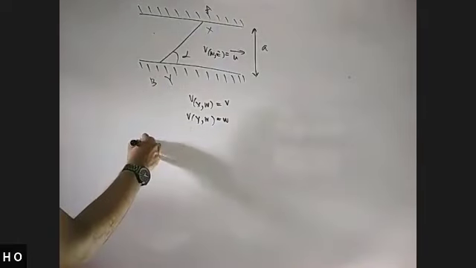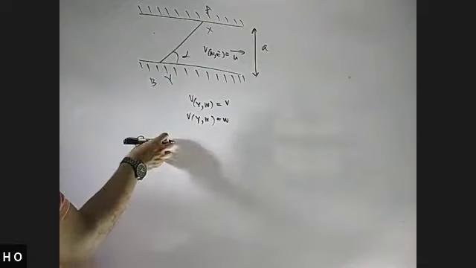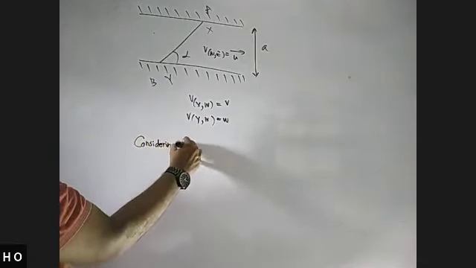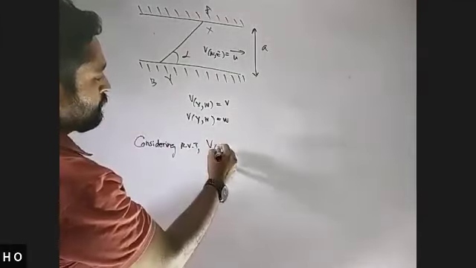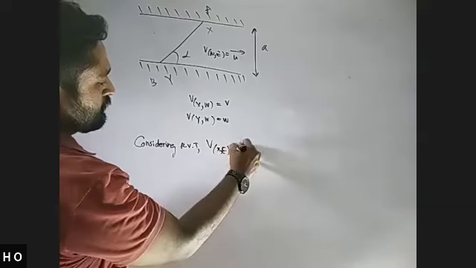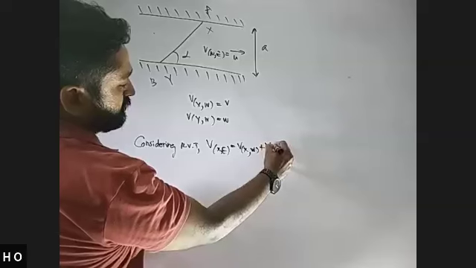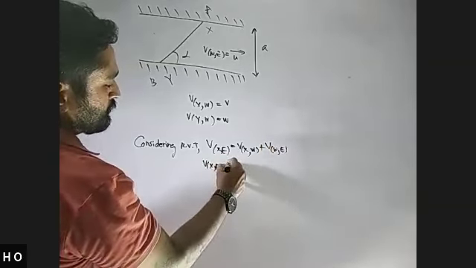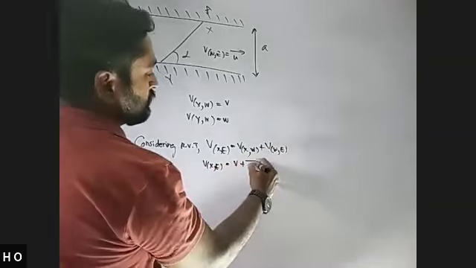Let us consider relative velocity. Considering the relative velocity theorem, the velocity of X relative to Earth is the velocity of X relative to water plus the velocity of water relative to Earth. So V_XE is V, X to water, plus U, water to Earth.